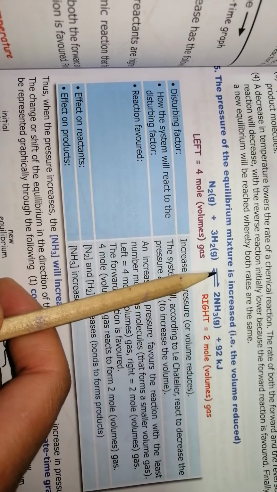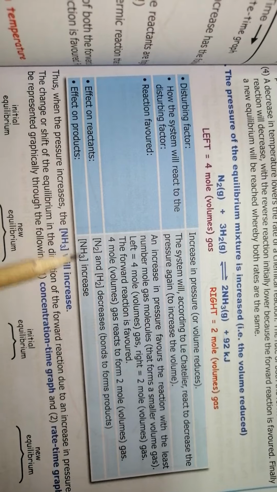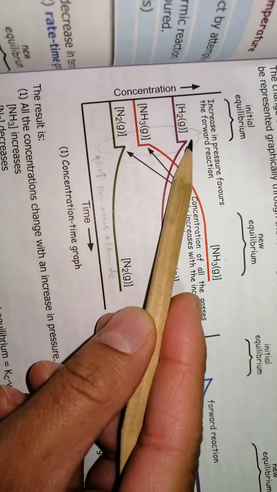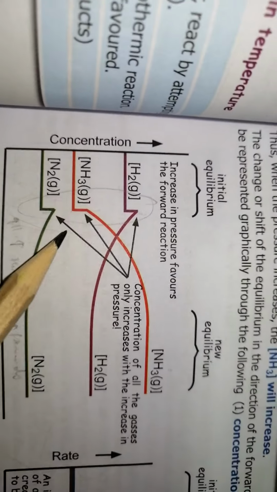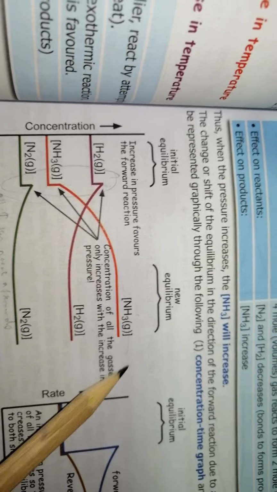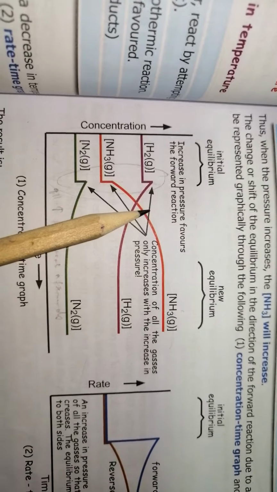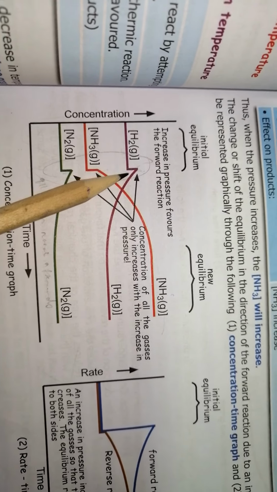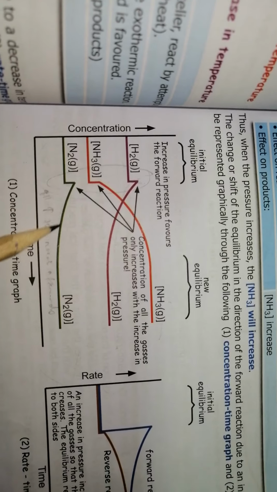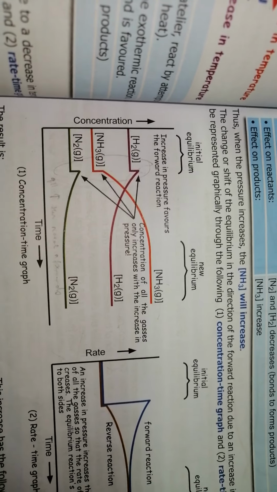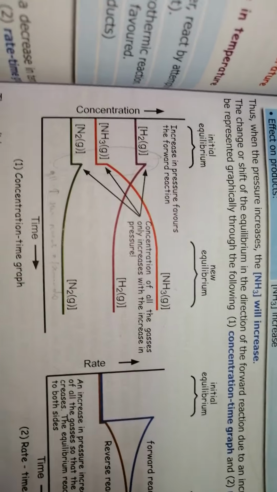So since the forward reaction is favored here, you're going to make more ammonia. After this initial spike, can you see ammonia is increasing because the forward reaction is favored, so more product is being made, and the reactants are decreasing, so hydrogen is decreasing and nitrogen is also decreasing because now reactants are becoming less.